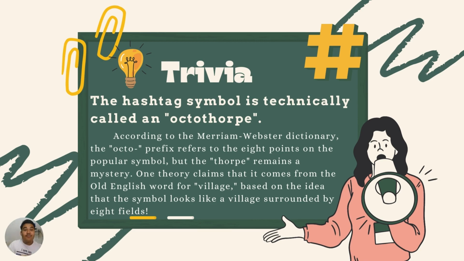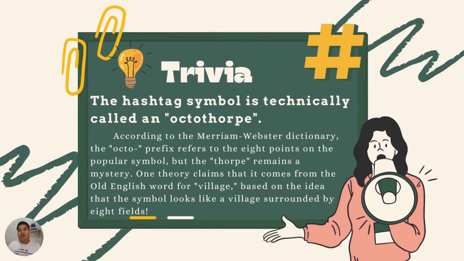So again, that is a quick fact about the hashtag that we are using. Whenever you post your statuses in Facebook, next time you will not say I will use hashtag, but the other way around, you're going to say, oh, I will use an octothorpe.